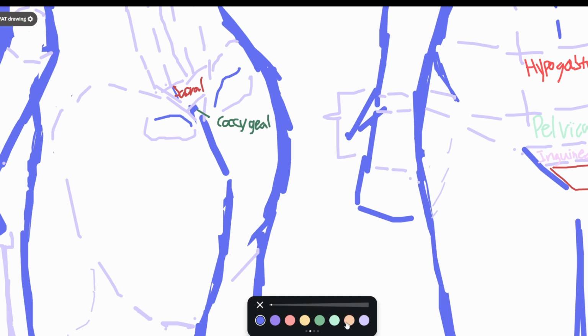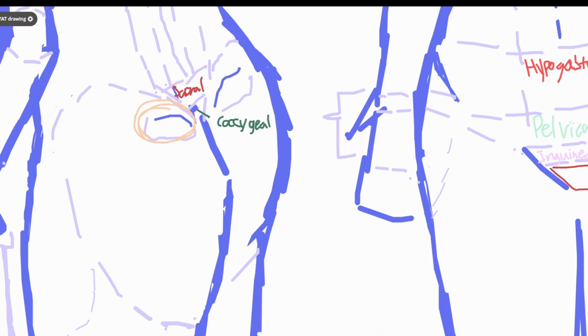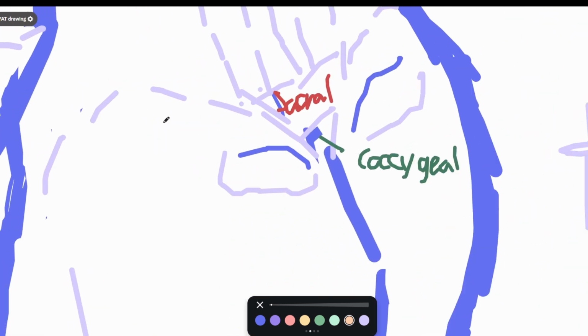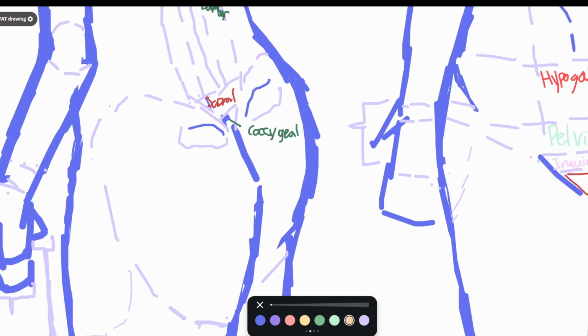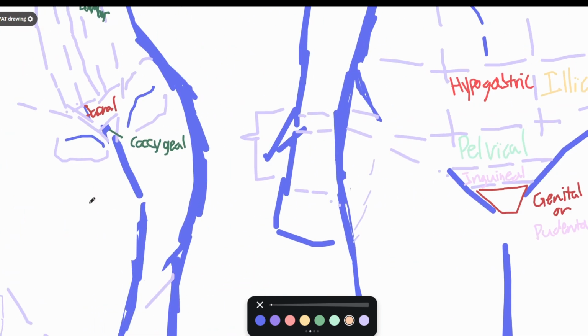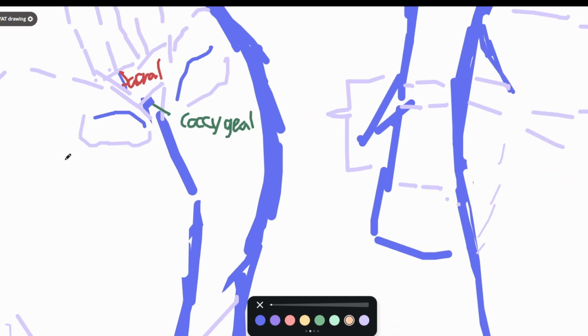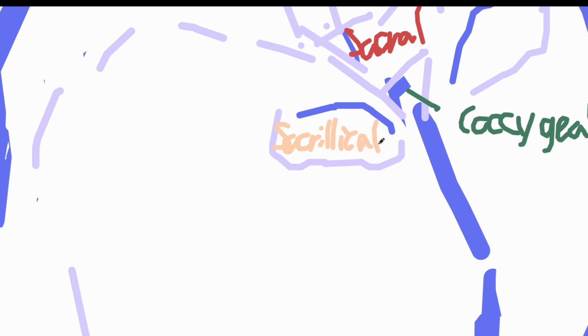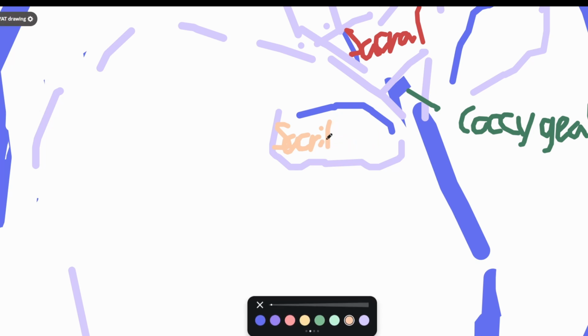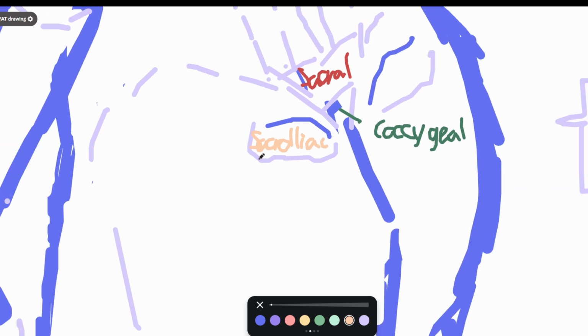Anyway, then we have this one region, but actually it's not really annoying because it's just combining the word sacral and, hold on, let me move over here, iliac. So obviously it's sacroiliac. Sacroiliac region.